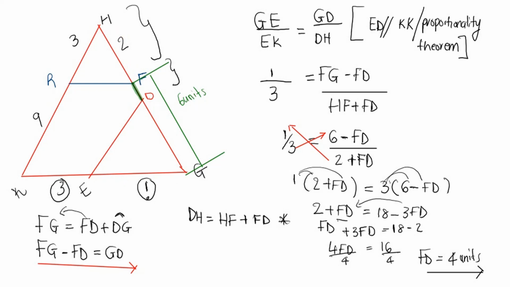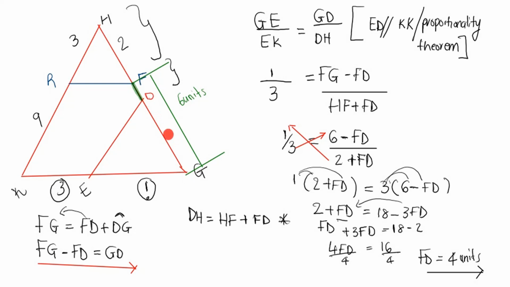From there it becomes very easy, because we need to think about what we are asked for. On the right hand side, we need GD.